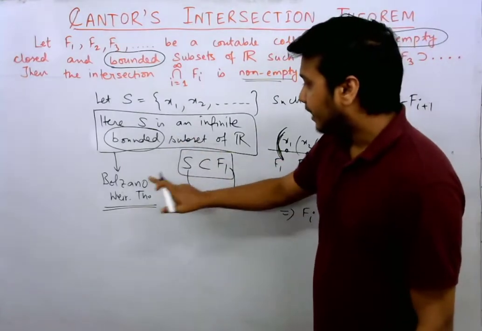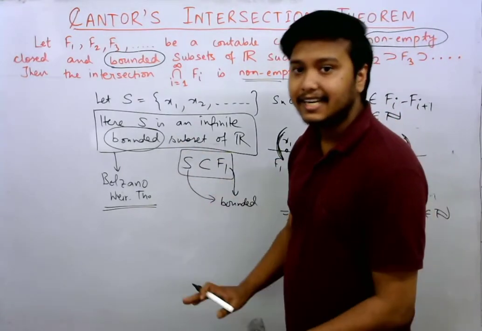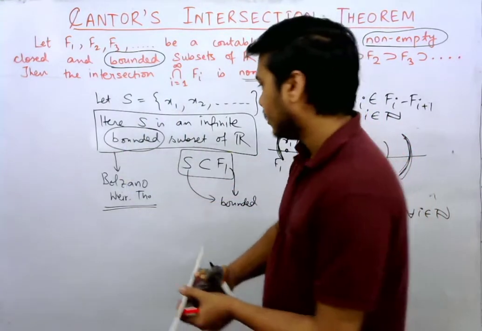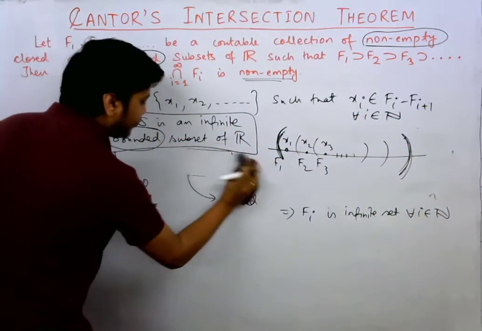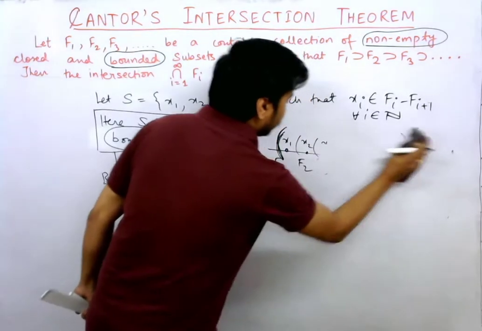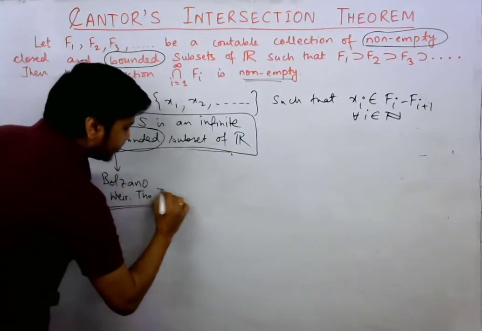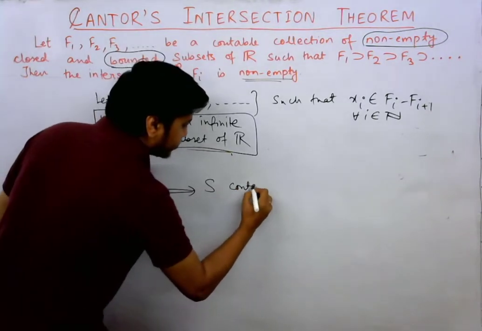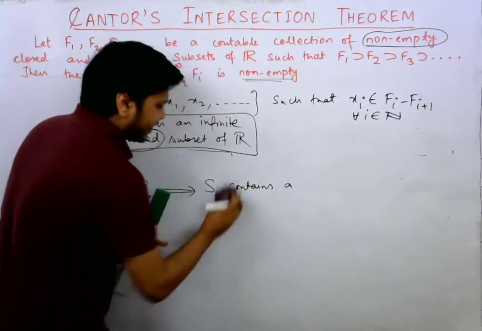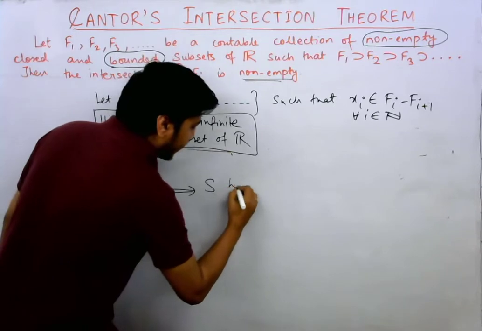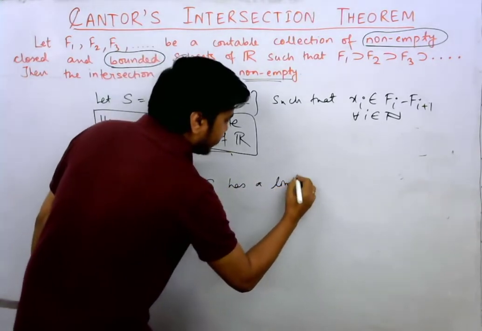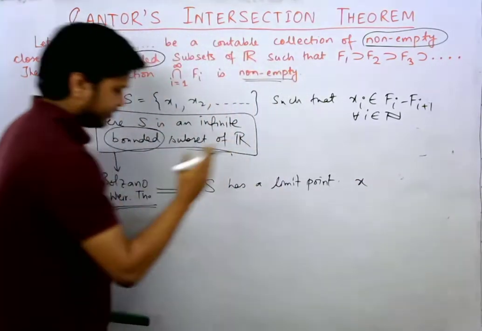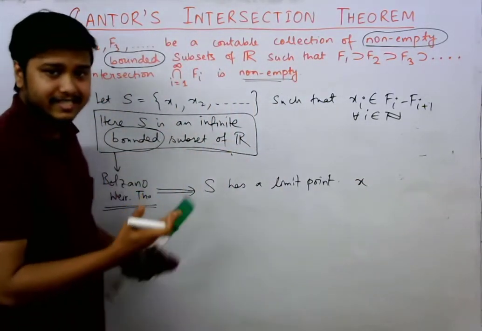So if I apply this theorem over here, I can claim that this set S must have a limit point, right? So from Bolzano-Weierstrass theorem, I must say that S has a limit point X. Now this limit point might not belong to the set itself.